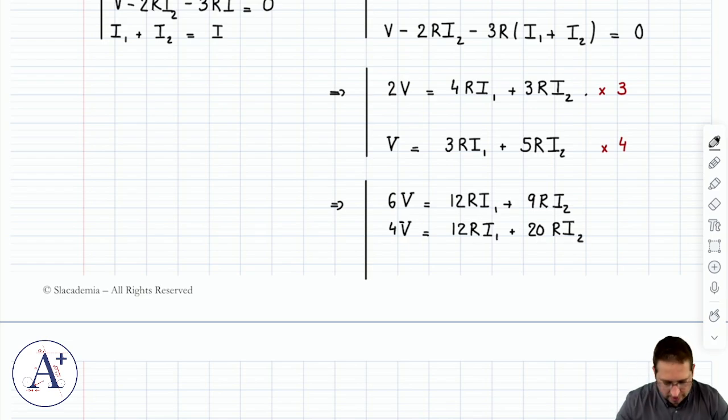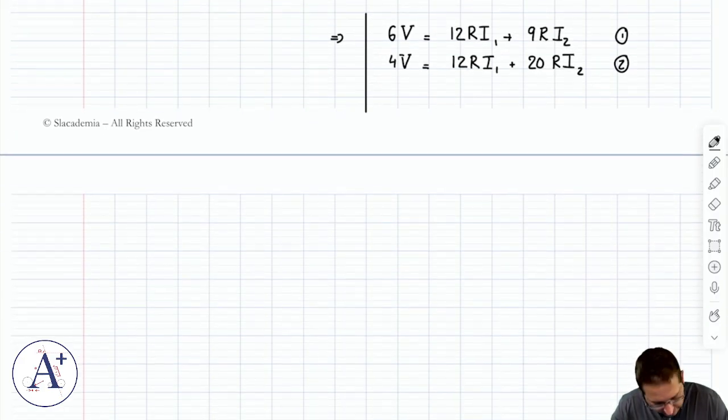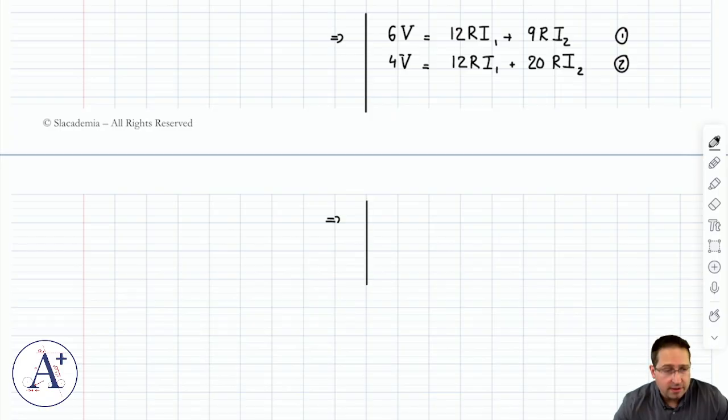Okay, and if I call this equation 1 and equation 2, I can combine these equations, add them together, subtract them, and I'll get a new equation, but I still have not changed the solution set. Mathematically, I'm allowed to do this.